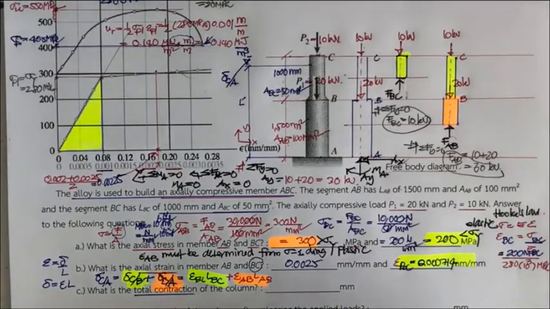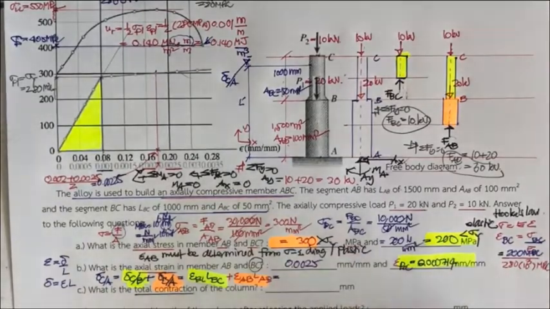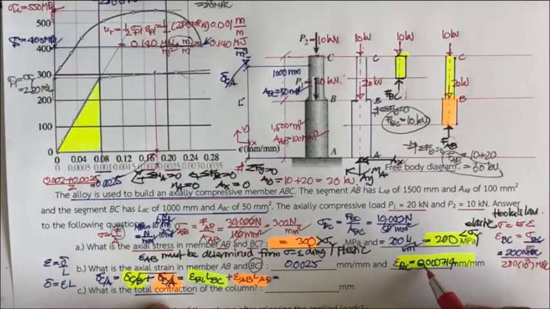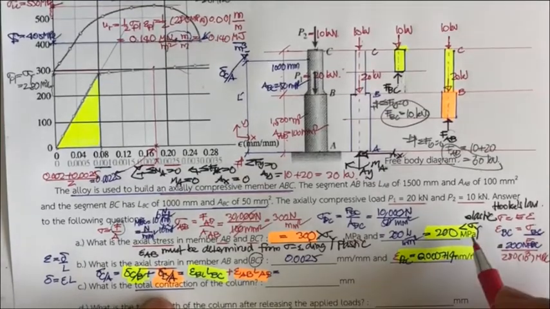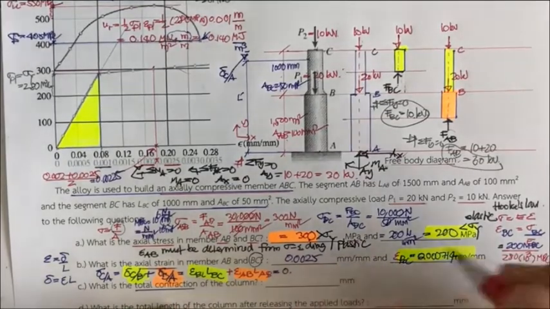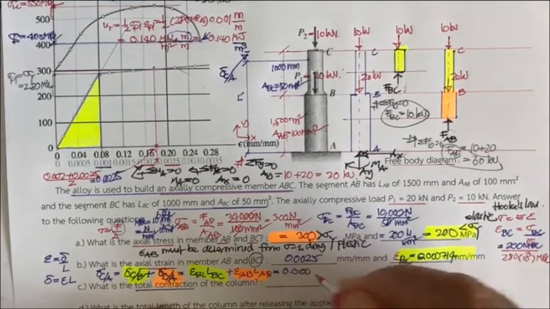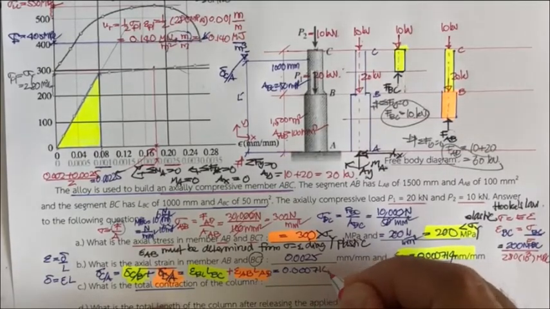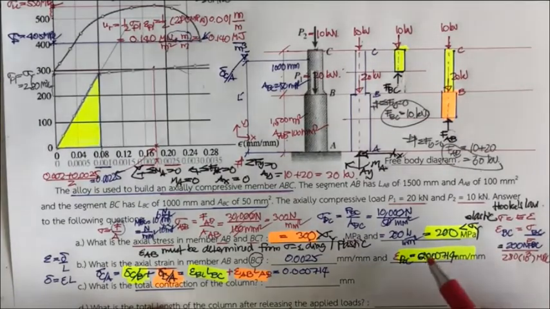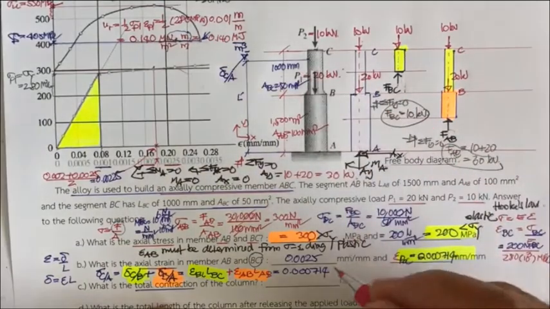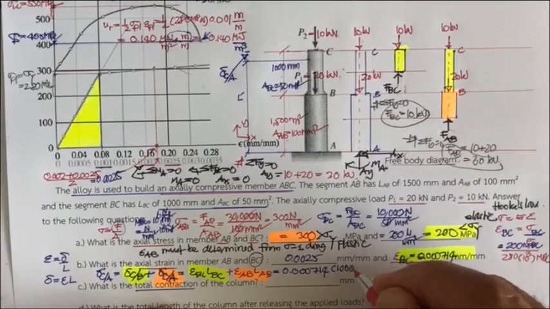Now you have strain of the BC, which is 0.000714, and the BC is 1000 millimeter, times 1000.